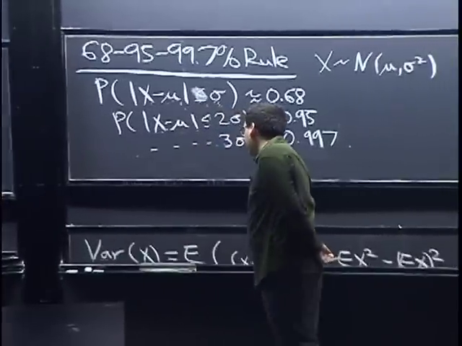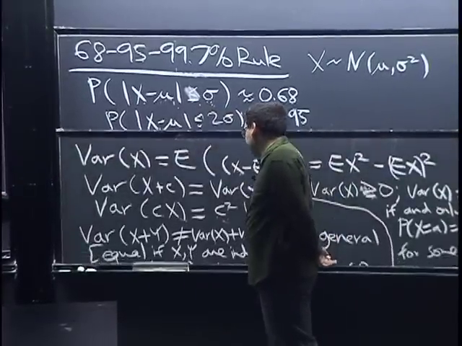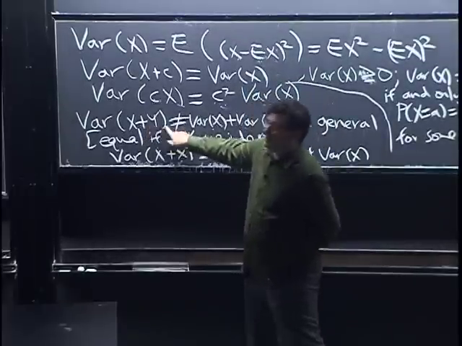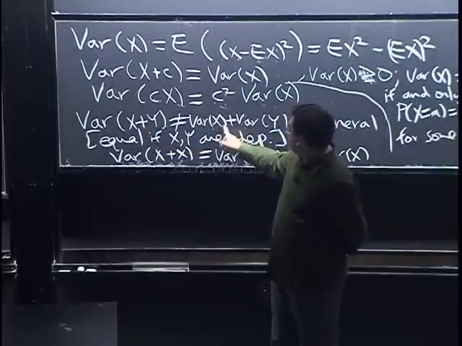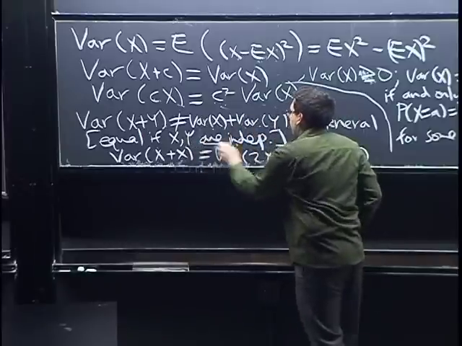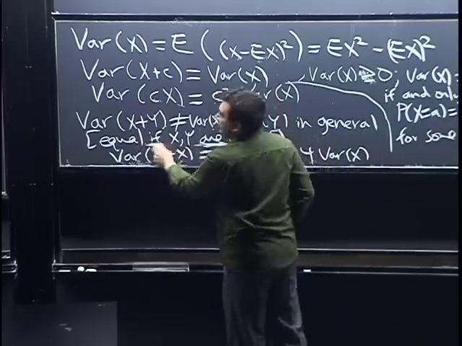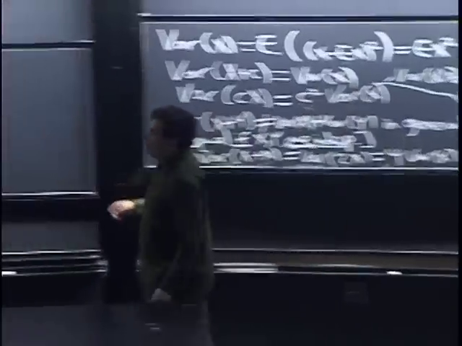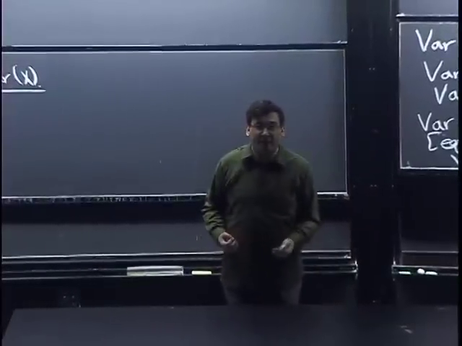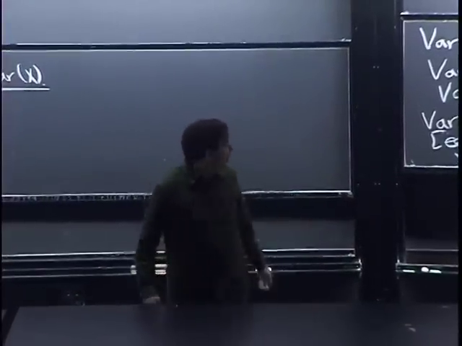The easiest way to do it would be using this fact here, which is that the variance of a sum of independent things is the sum of the variances, if they're independent. We haven't proven this yet, so it's not valid to do it this way right now, but just foreshadowing.